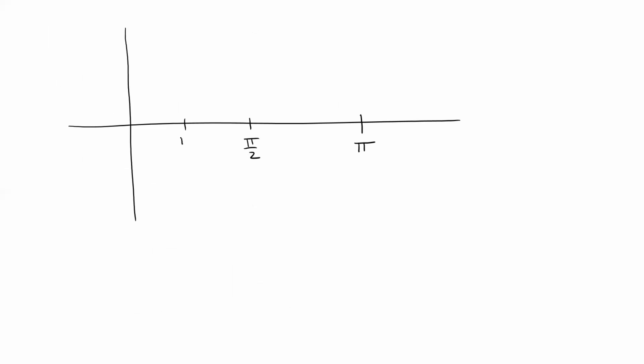This would be pi over 4. This would be 3 pi over 4. And I got myself 1, 2, 3, 4, 5. I'm gonna go from 5 to 5, knowing that I'm gonna stop at 4 anyways.